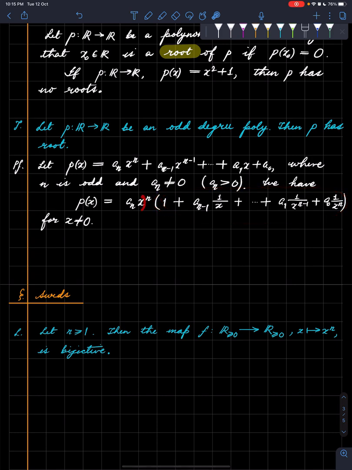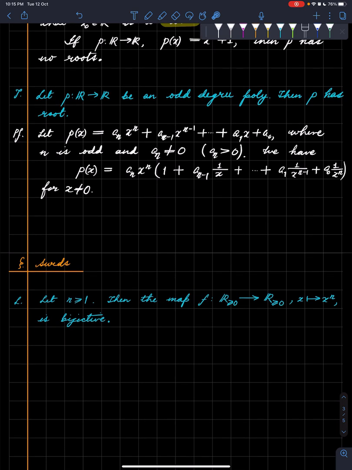But if x is of huge magnitude but at the same time a positive number, then this whole thing would remain positive. And if x is of huge magnitude and a very negative number, then this whole thing will become negative, and therefore p(x) by the intermediate value theorem will have to take the value 0 somewhere. So that's the idea. And how do we execute it?